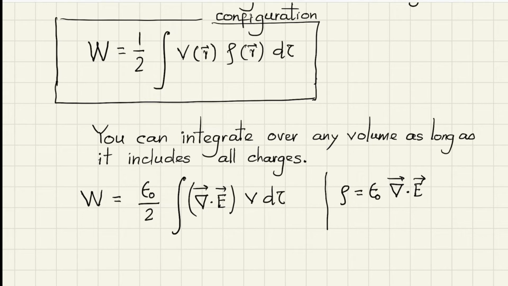Now you can see that there is a differential here and a scalar here, and that immediately reminds us that I can do integration by parts and transfer this differential to V. What is the motive?